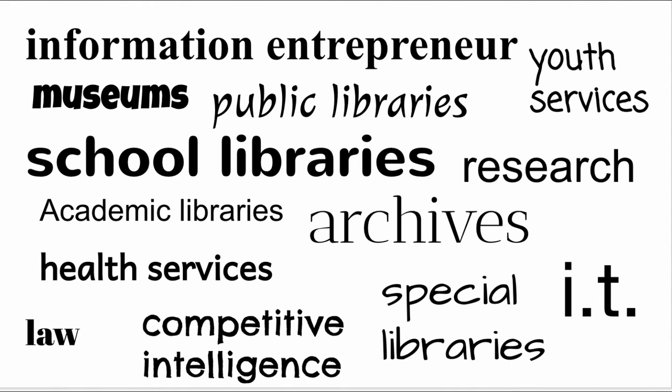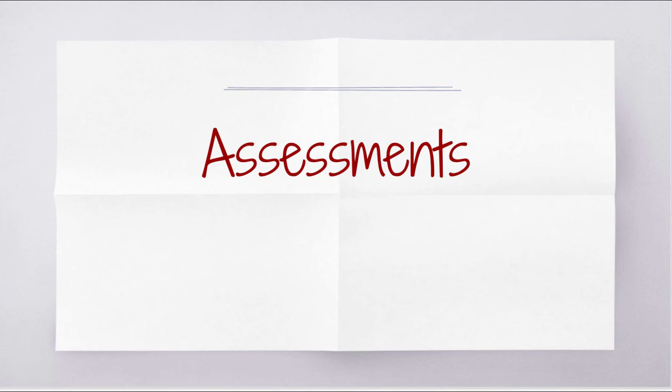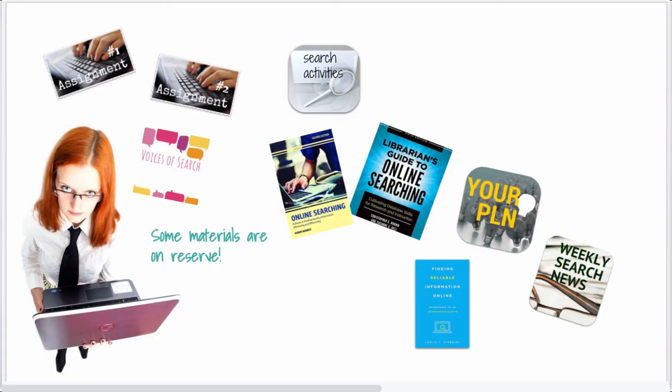And I suspect that in this class, we've got folks who are going to be in archives, in IT, in law, in competitive intelligence, in school libraries, public libraries, academic libraries, and some of you might move on to be information entrepreneurs. And so let's take a look at your assessments and let's see how all of these things will fit together to get you a larger look at that elephant that we call search.